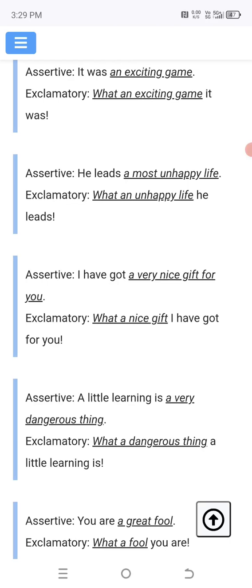What a dangerous thing a little learning is. You are a great fool. What a great fool. What a fool. We should remove the word great from this sentence according to our rule. What a fool you are is the correct answer.